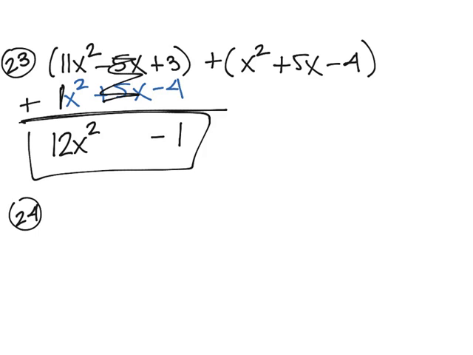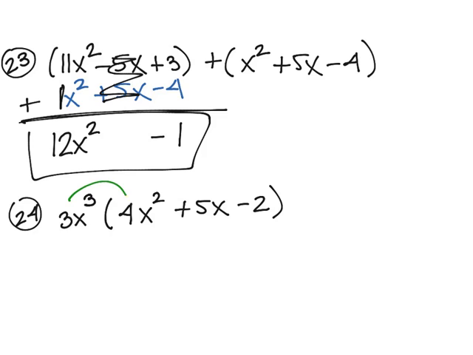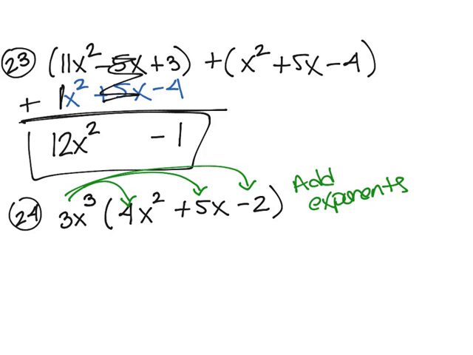24. 3x to the third times 4x squared plus 5x minus 2. So we're going to distribute. This is a product, this is multiplication. But when you multiply the whole numbers, you're going to do what with your exponents? Add. Very good. Make sure you know you got to add those exponents.